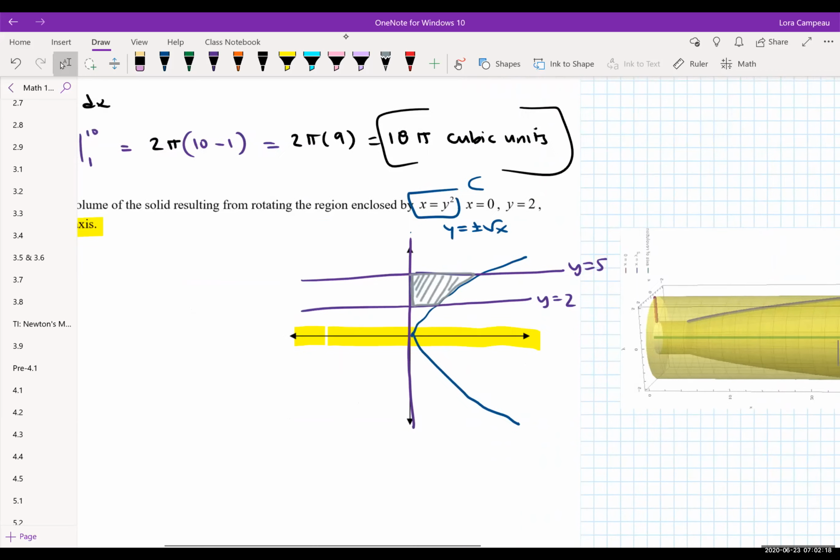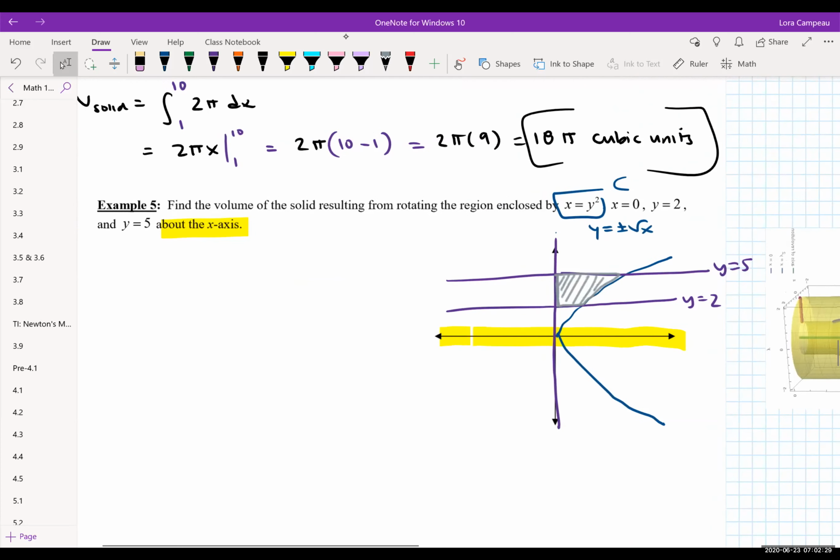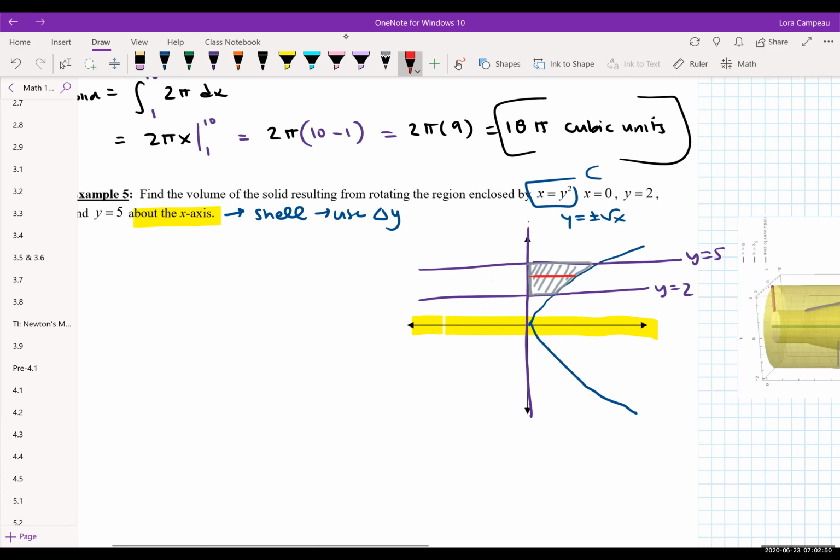So let's make sure, let's draw a cross section and really judge this for a second. If we draw the cross section, it should be parallel to the axis of rotation. That's according to the shells. So we know we're going to use delta y. But when we have our cross section, we know we're slicing up the y-axis this time.